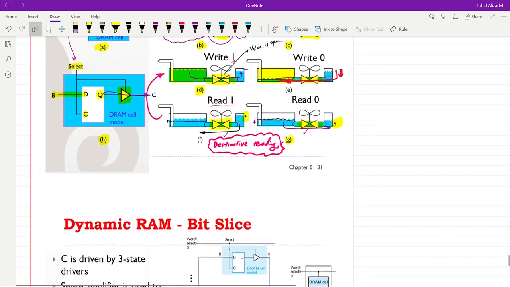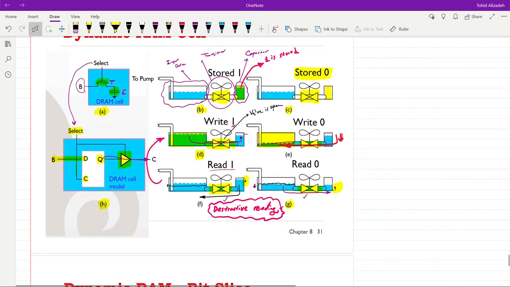And one more thing here is that we need to keep in mind that after storing the information in the dynamic RAM, after a while, due to some leakages in the circuit, the level of the charge in the capacitor might change, even though the actual value that we have stored in the memory hasn't changed, but due to the leakages, the amount of the charge stored in the capacitor might change, and as a result, after a while we might not have the proper amount of charge on the capacitor.